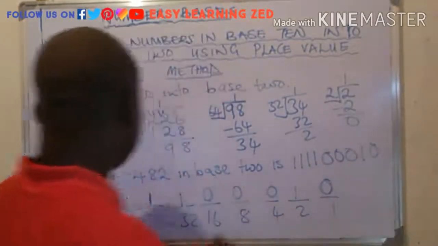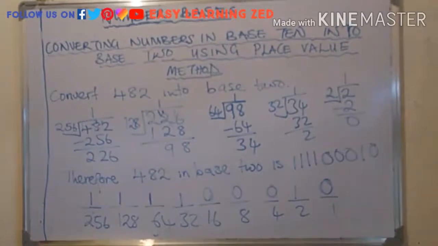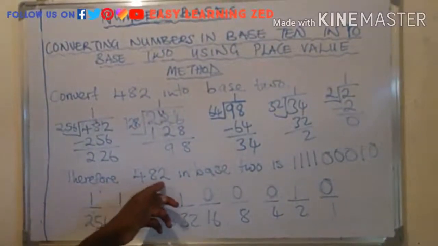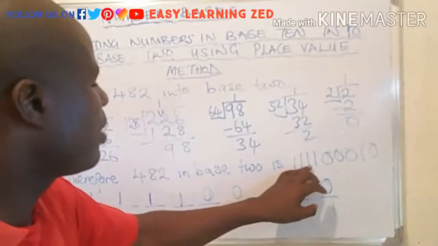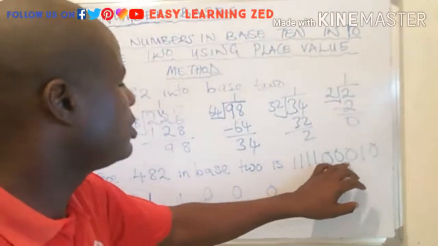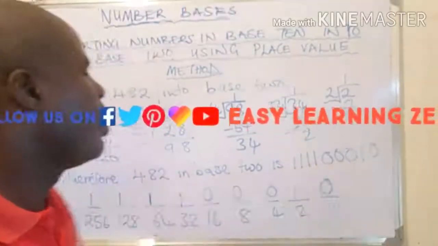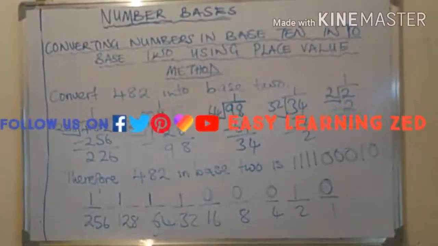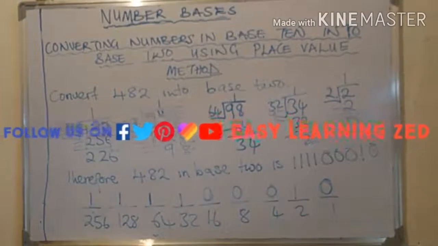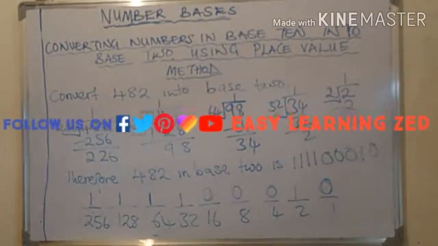So therefore 482 in base 2 is 111100010. This is how we can convert numbers in base 10 into base 2 using the place value method.